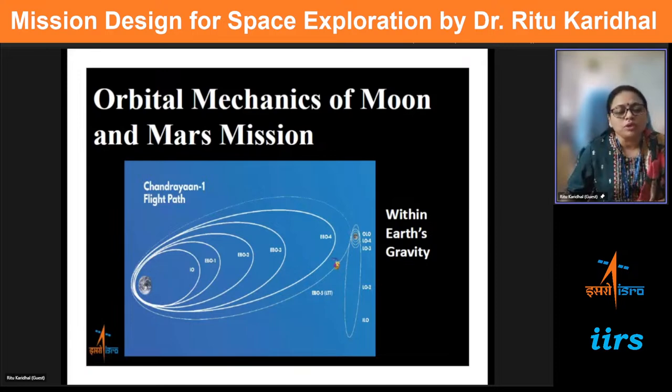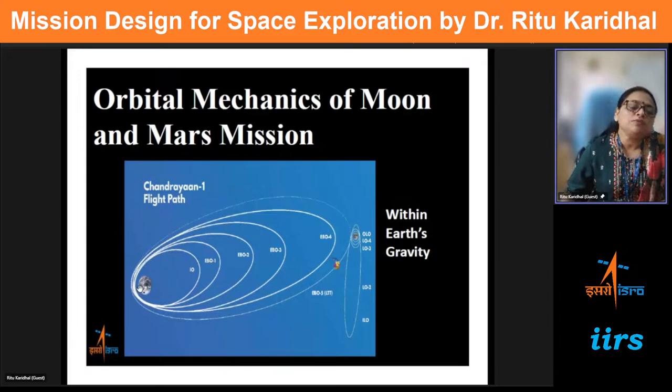We have to solve equations of motion for this two-body problem, and for each orbit we have to raise the height from the Earth's surface. You can see this itself is telling you it's an ellipse. I think you would also have heard about the elliptical orbit, where we have the primary body at one of the foci, and the other body revolves around it in an elliptical path.